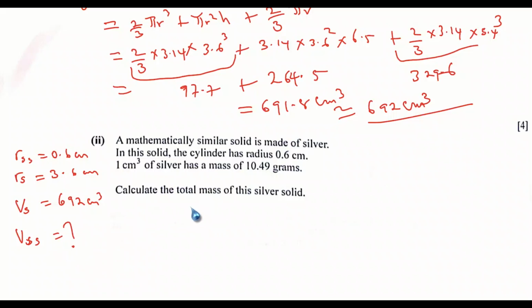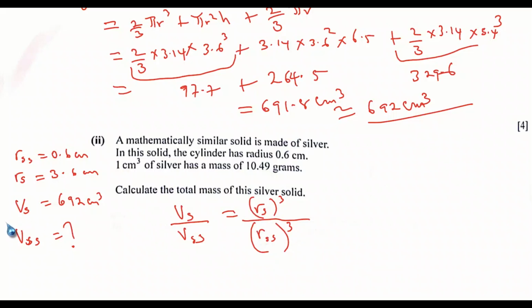By using this convention, Vs over VSS, that is the volume of the solid over the volume of the silver solid, will equal the cube of the radius of the cylinder of the solid over RSS cube, the cube of the radius of the cylinder of the silver solid.